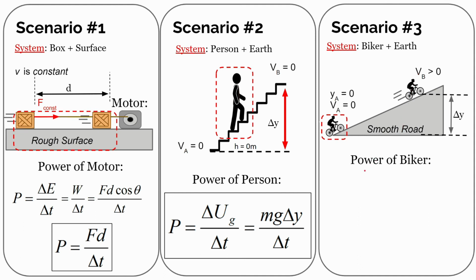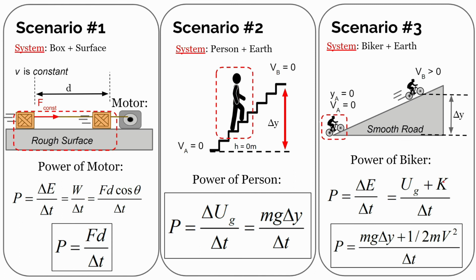If we wanted to figure out the power of the biker, we've got to figure out an expression for how much the biker/earth system changed its energy. Like before, they've now got some gravitational potential energy because they're higher than a height of 0, but they're also moving. So in this change in energy expression, we also have to add the kinetic energy of the biker, which is 1/2 mv squared.